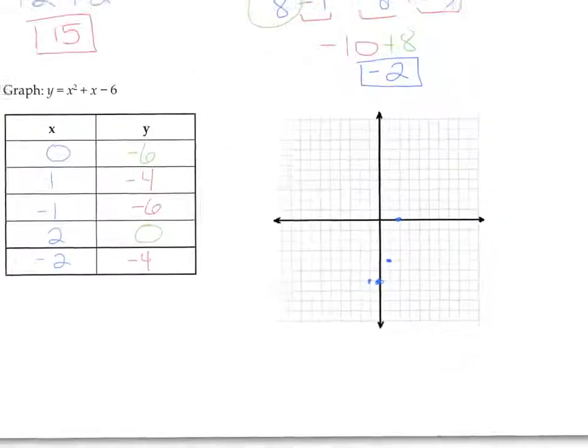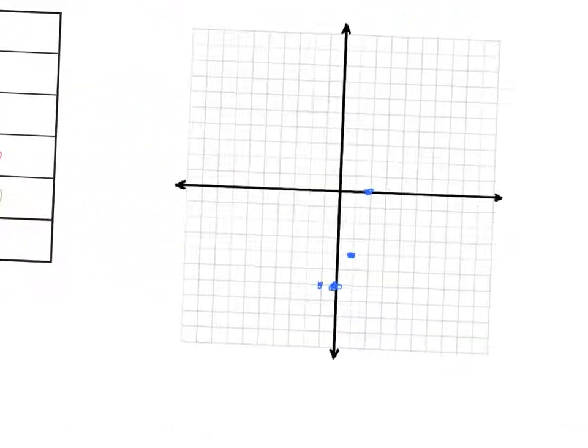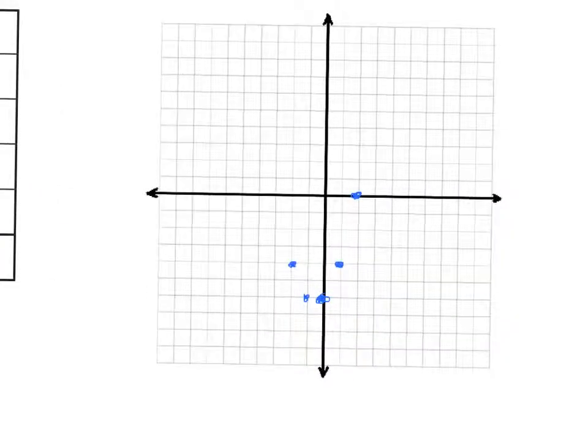And last point is negative 2, negative 4. So negative 2, negative 4, right there. Okay. It's just this time the parabola is not centered on the y-axis. So if we join these like that, the parabola will come out to be something like that.